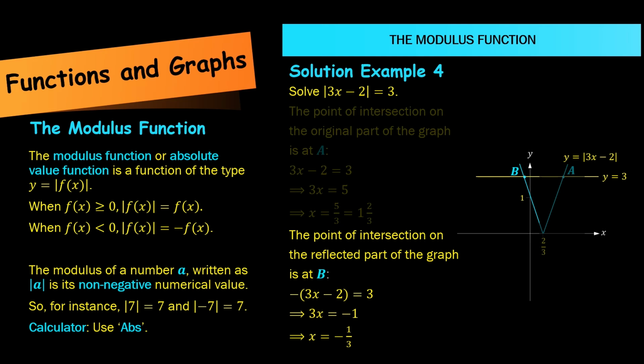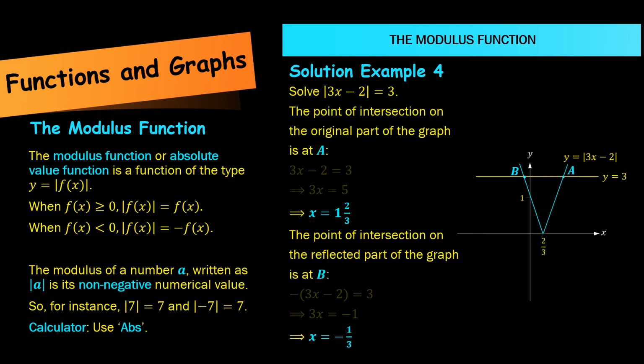And this, of course, implies that x equals minus 1/3. So here are our two values of x. So the solutions are x equals 1 2/3 and x equals minus 1/3.